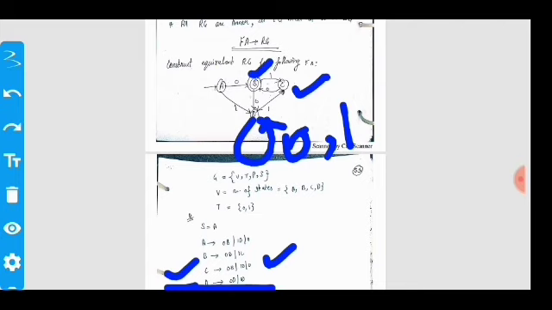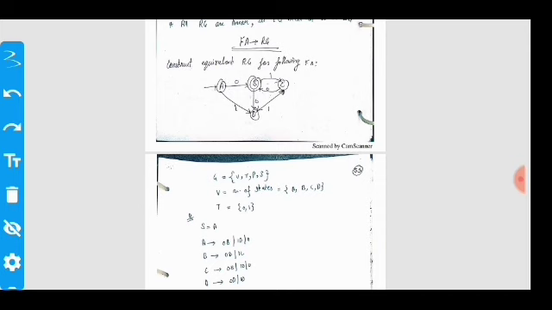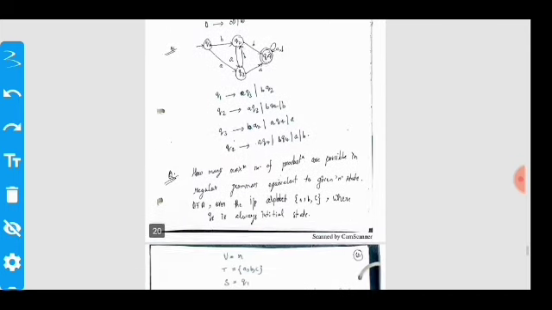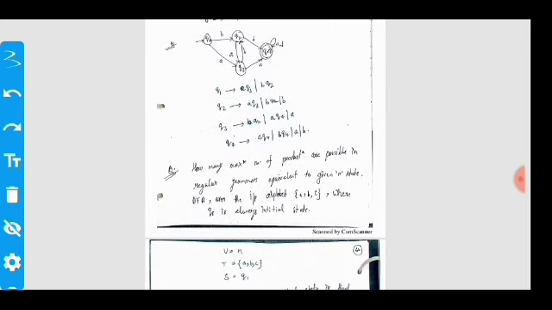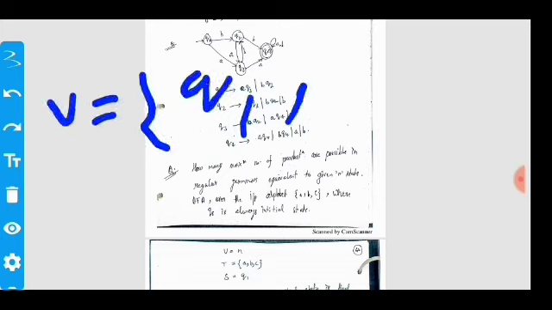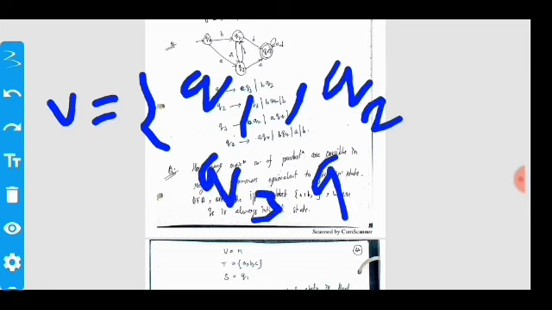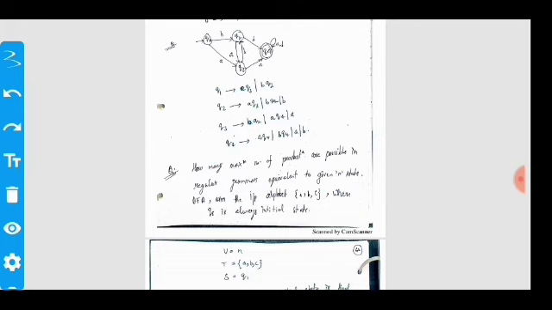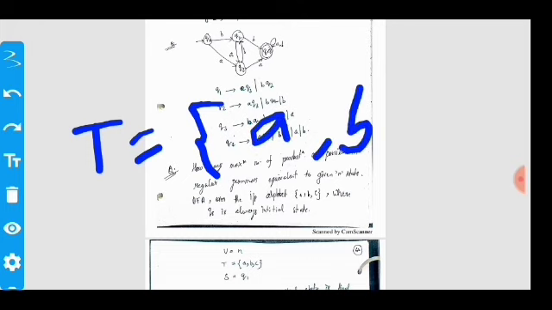Now move on to the next question for more clarification of this type of question. Here a transition diagram is given, and the variables are Q1, Q2, Q3, Q4, and the terminals are a, b.